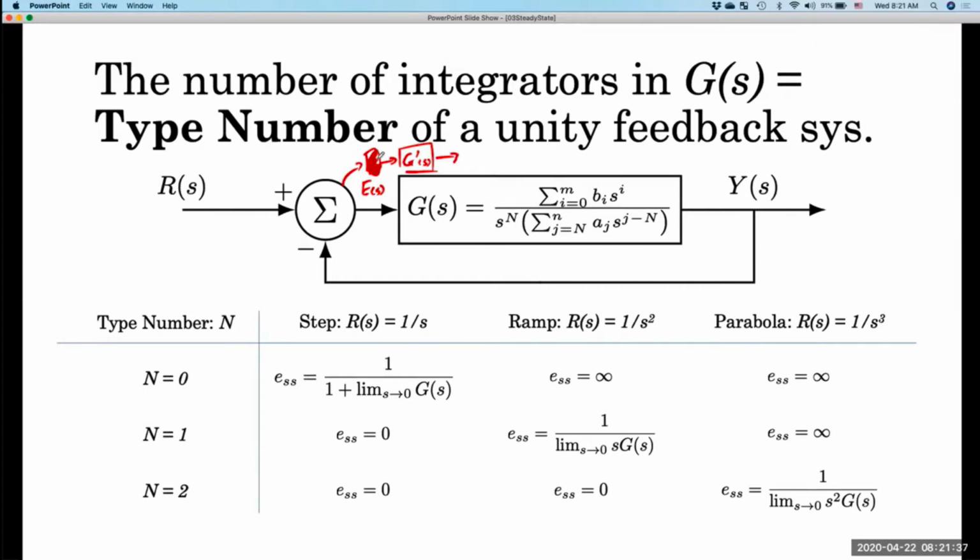What if the transfer function damps out very quickly? If it's driving it towards 0, would it still have the steady state error equal to infinity for a ramp function?